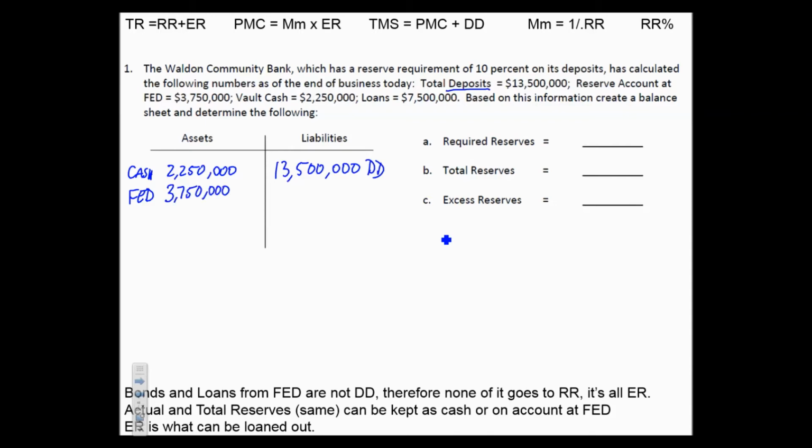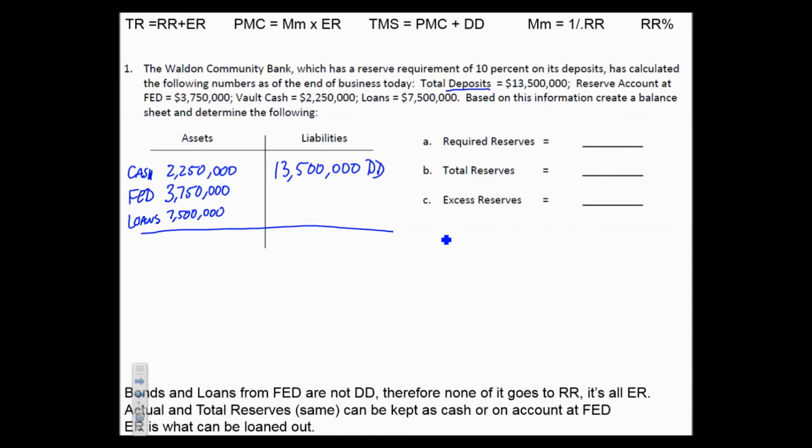Cool. All right. And then a little while ago we talked about loans. Where does the loan go on the balance sheet? Assets. Because they expect that to be converted to cash at some point in time. All right, this was a simple one. Everything's done, and they all add up to $13.5 million. You guys good with that?